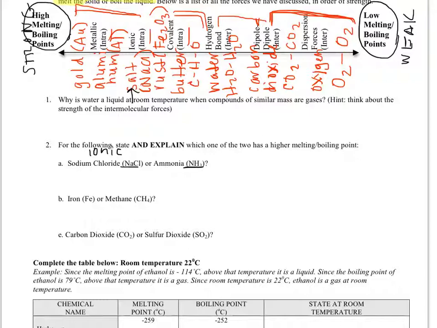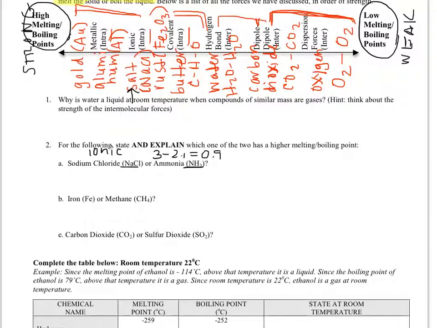Ammonia, if we want to know what sort of intermolecular force would be holding two NH3 molecules together, we're going to have to go back and look at worksheet 3, our electronegativity table. And we're going to see that nitrogen, N, has an electronegativity of 3, while hydrogen has an electronegativity of 2.1. And so the difference is 0.9.